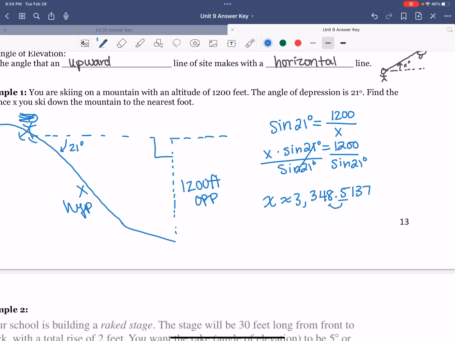Now it wants me to round to the nearest foot. So that means that 5 turns that 8 to go up. So I'm going to say x is going to equal just about 3,349 feet. And that's the first answer here.